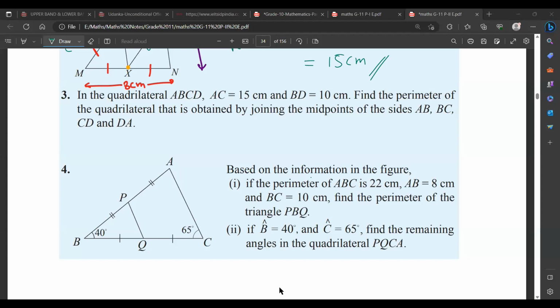Okay, here in the quadrilateral ABCD, okay, that is quadrilateral ABCD. AC equals 15, BD equals 10, okay. Draw the figure, draw it quickly. That is the quadrilateral.